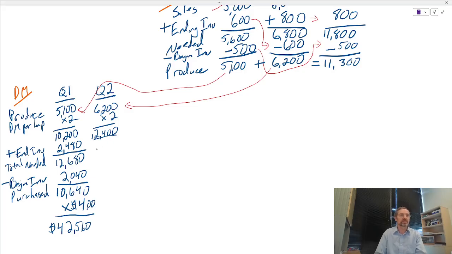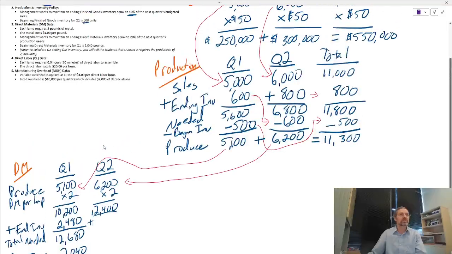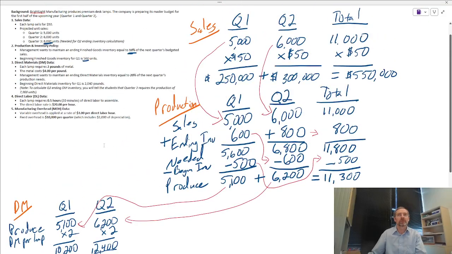All right, let's do the same for the second quarter. Our ending inventory was... So we were given the Q3, so we would have had to keep going to figure out how much we need to produce in Q3.